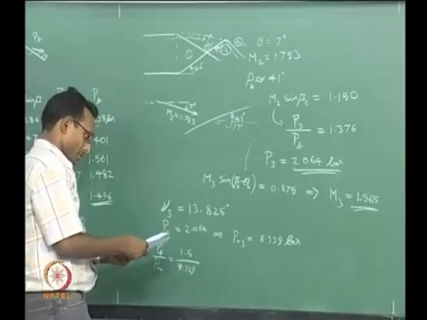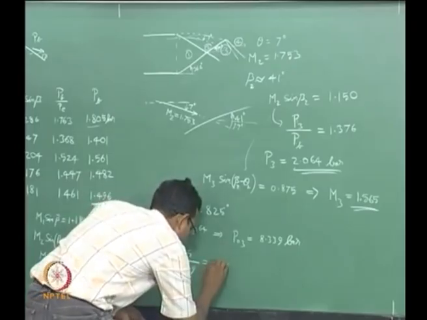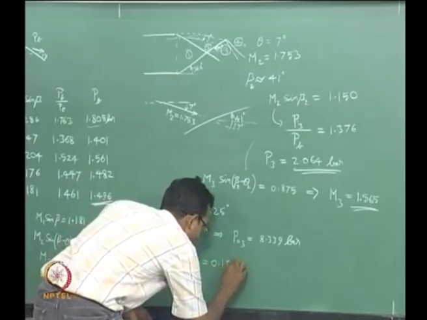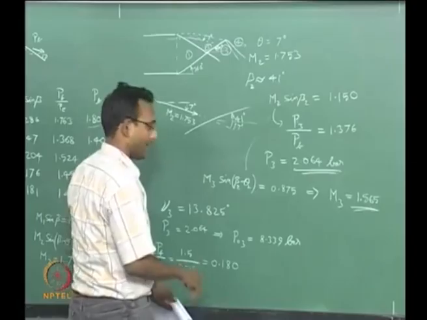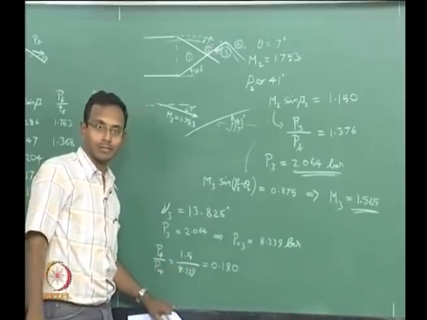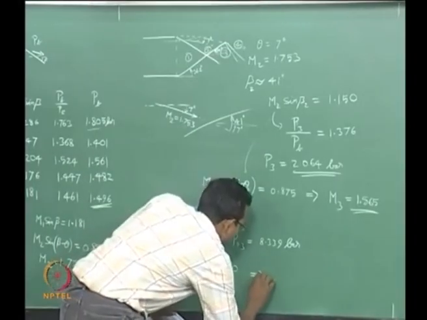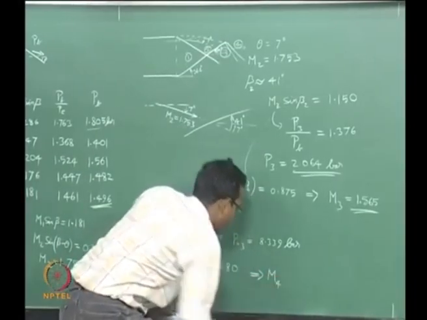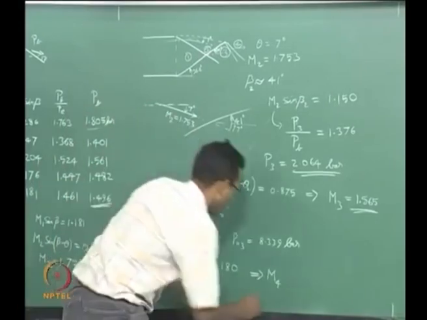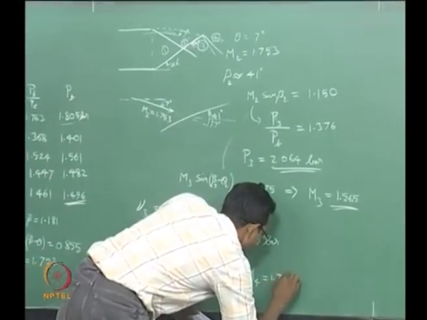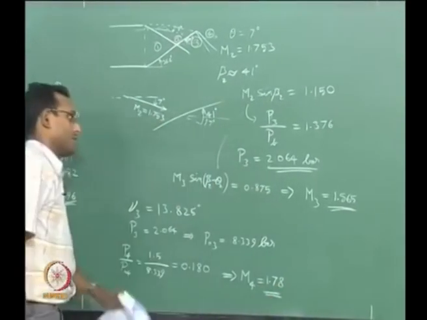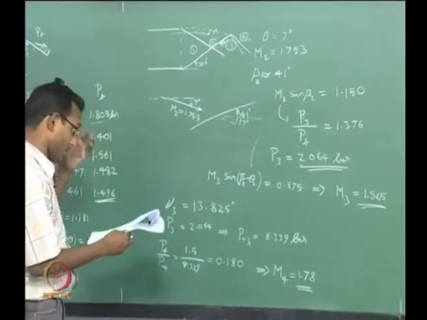Okay. This value happens to be 0.180. So now I will go to isentropic tables, isentropic compressible flow tables for gamma equal to 1.4. This is going to give me a Mach number at 4 as 1.78.